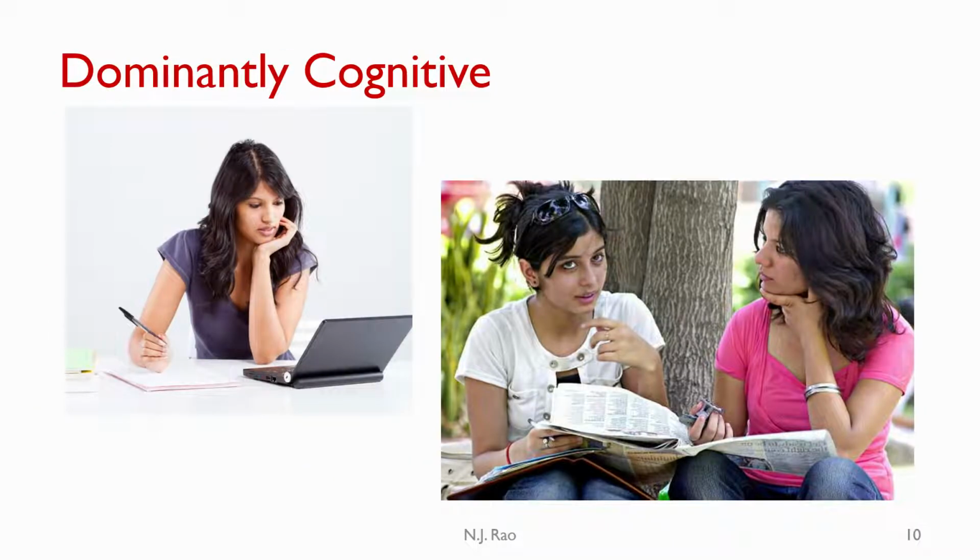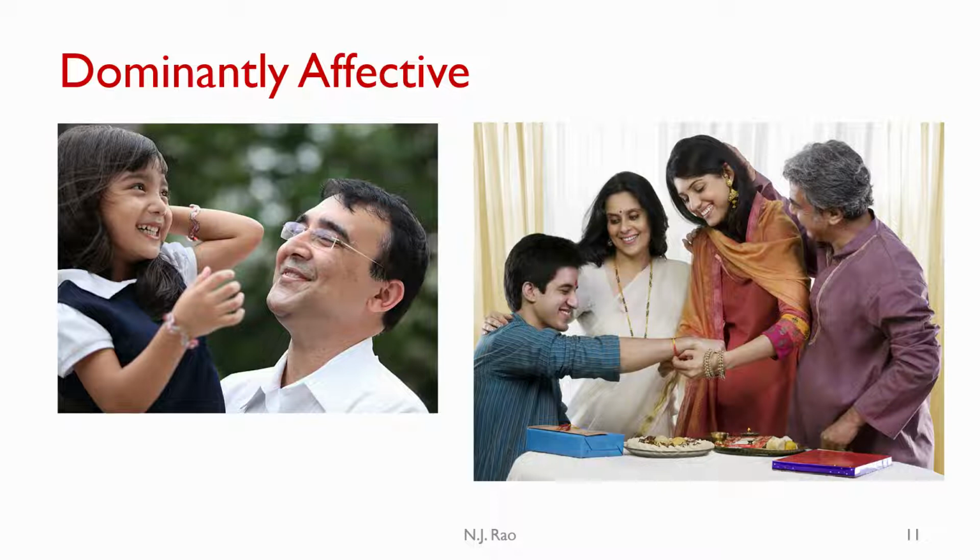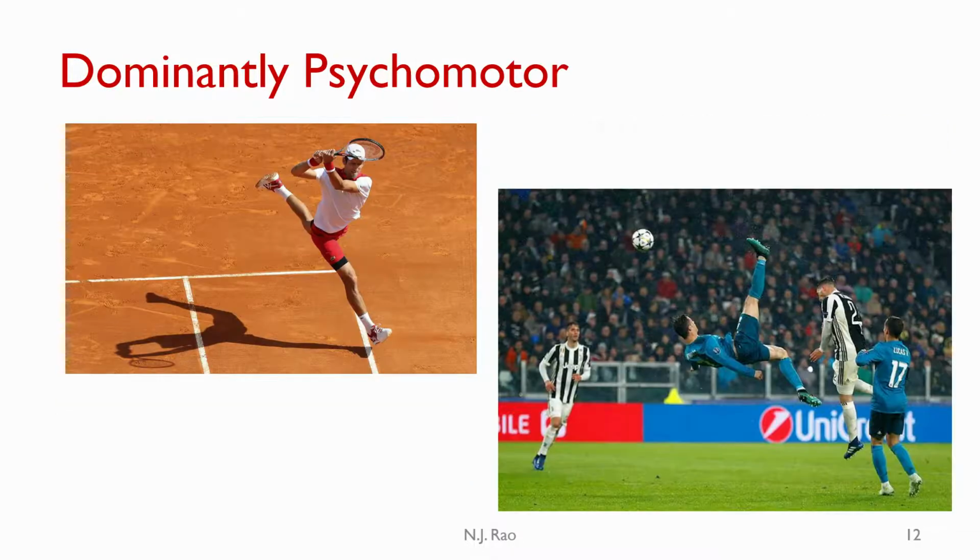Sometimes you have dominantly cognitive experiences. These are representative examples, I need not explain them. Or you can have dominantly affective experiences, and you can also have dominantly psychomotor experiences, where the psychomotor skills involved are the extreme versions.